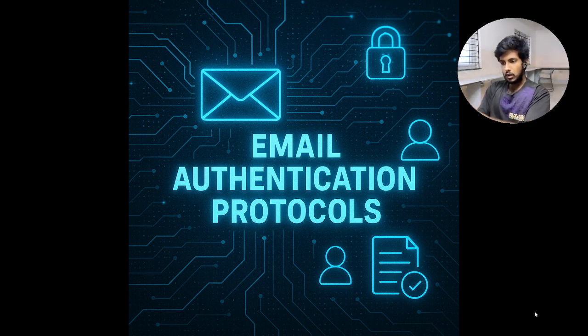These are the impacts of having malicious mail servers or malicious mails. That can be avoided using email authentication protocols. These protocols are used to verify the sender mail server and the sender mail server's IP address.